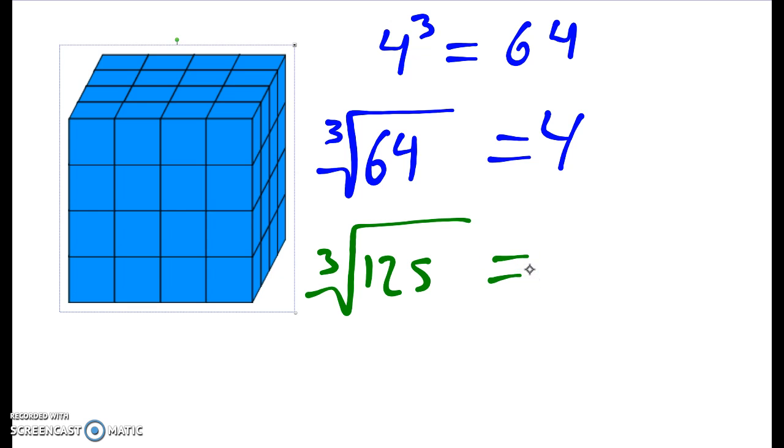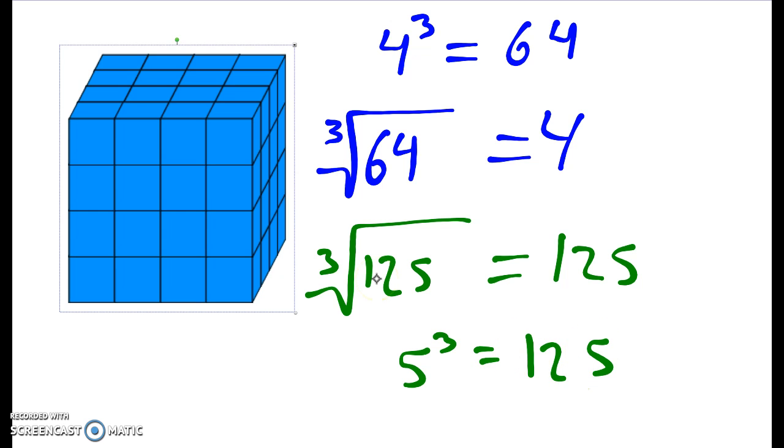Times 5, again, gets us 125. So 5 cubed is 125. And so the cube root of 125 is, oops, sorry, that was my mistake there. The cube root of 125 is 5.